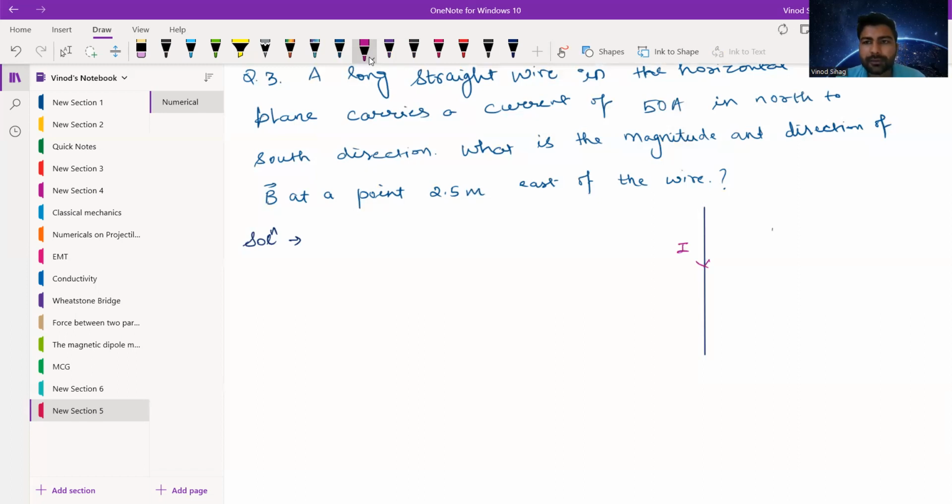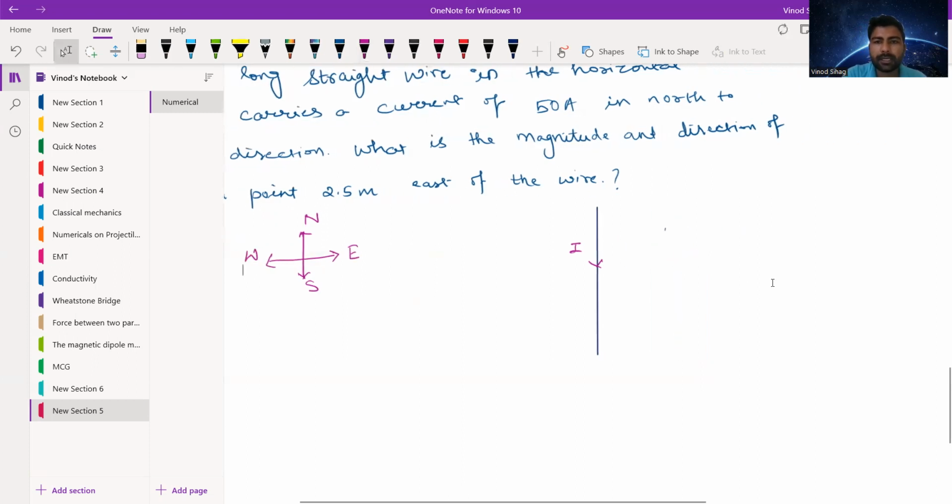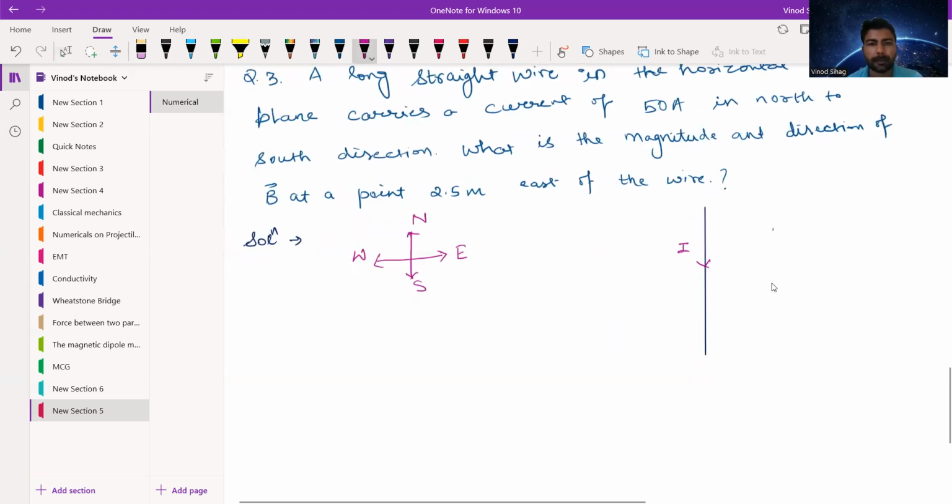They are asking us to find the magnitude and direction of the magnetic field at a point 2.5 meter east of the wire. Let's draw that picture also, with north, south, east, and west as per the coordinate system. So in the east direction at 2.5 meter, they have given us a point 2.5 meter away where we have to find it out.